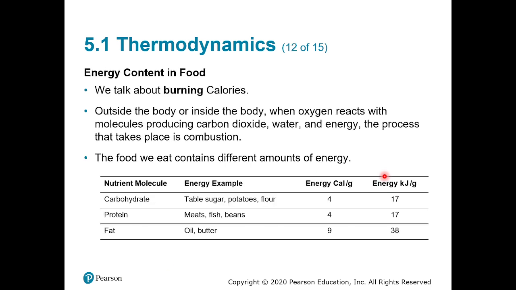Okay, so this is the energy content in food. Whenever we're talking about using energy for our bodies, we're typically talking about burning calories. Burning's a pretty good analogy for this. So outside the body or inside the body, when oxygen reacts with a molecule, we're going to produce carbon dioxide, water, and energy. That's called combustion when we do that outside the body.